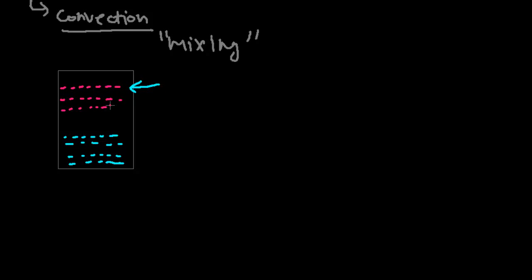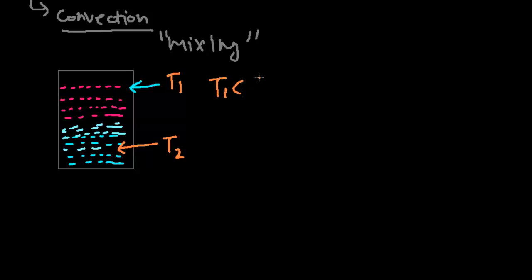Now don't think that water is magenta in color. This is just to show you; otherwise pure water always has the same color. Now these waters are at two different temperatures, the temperature of this is say T1 and this is T2. This one is relatively colder, so T1 is less than T2.